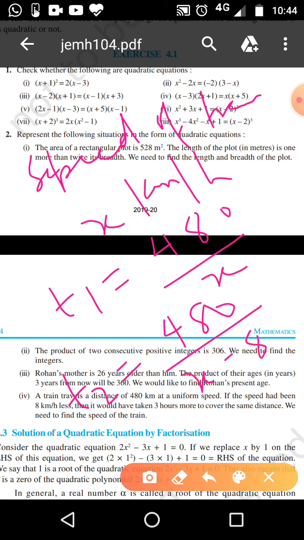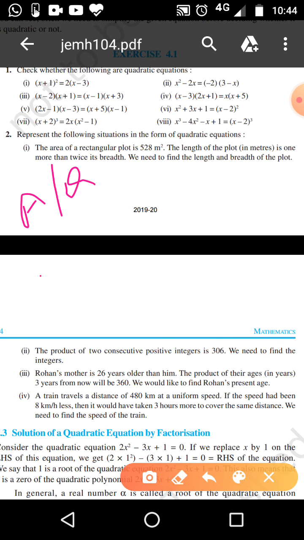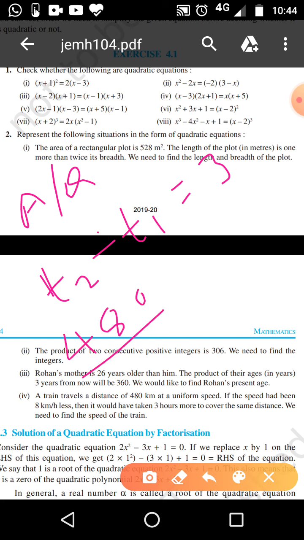According to the question, the difference of the times is 3 hours, because the train would have taken 3 hours more to cover the same distance. So t2 minus t1 is 3 hours. So 480 upon x minus 8 minus 480 upon x is nothing but 3.